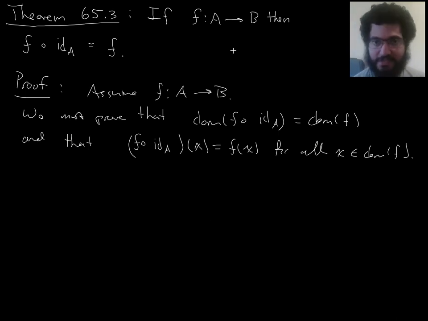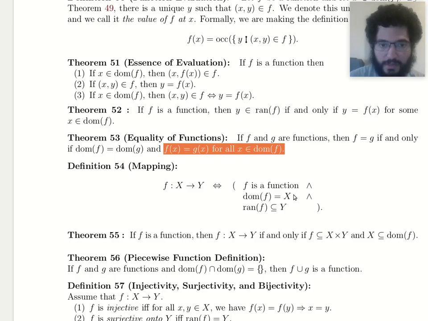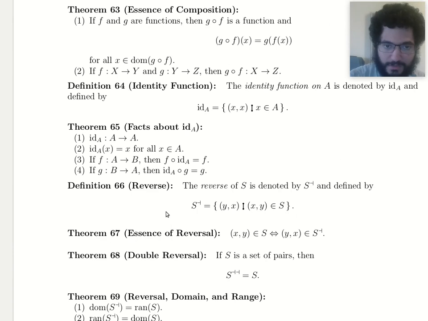Okay, but f maps A to B, right? Since f maps A to B, the domain of f is A. And I'm allowing myself to use previous parts of this theorem here.